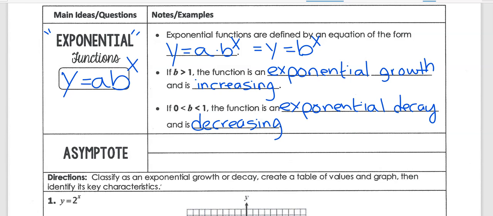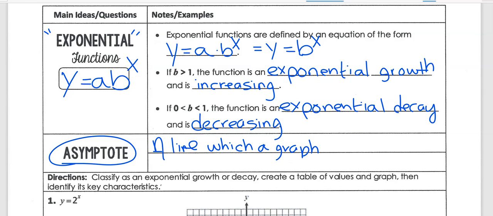Now there's a new word you need to learn for today, and that's the word asymptote. It's a line which a graph gets close to but never touches or crosses.